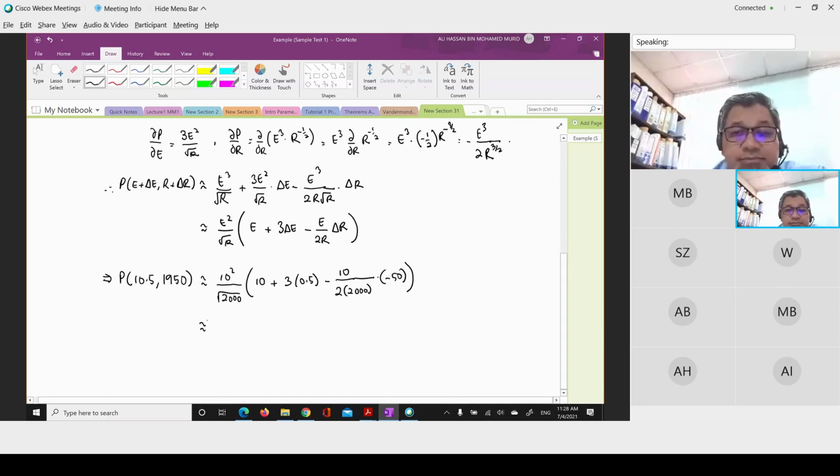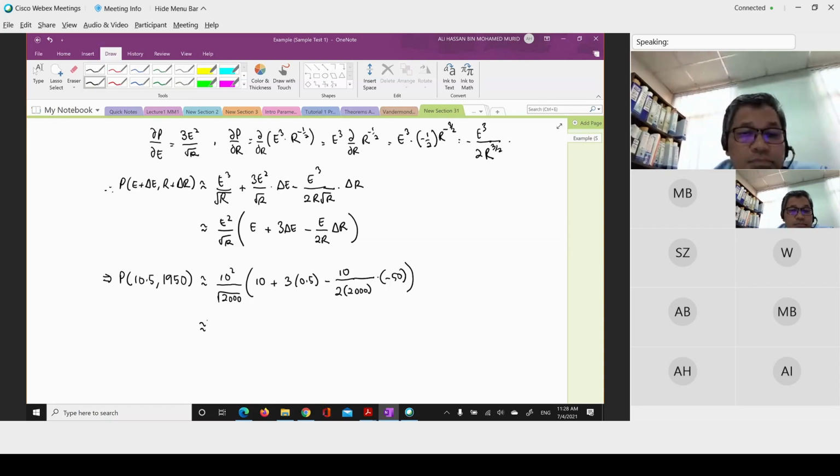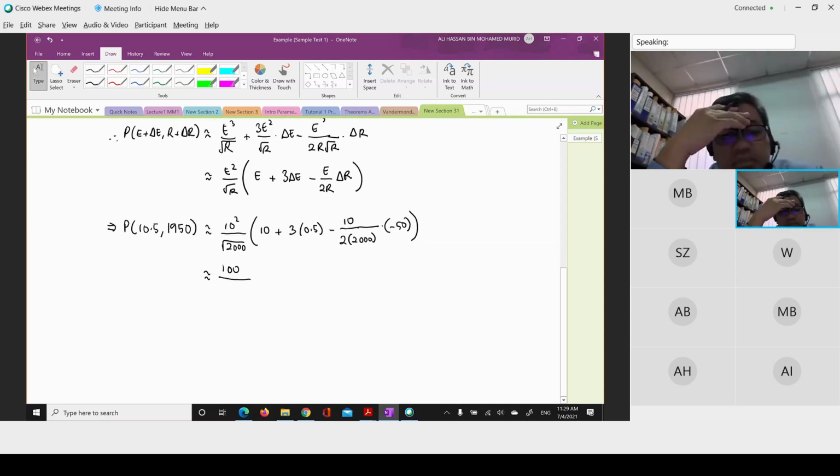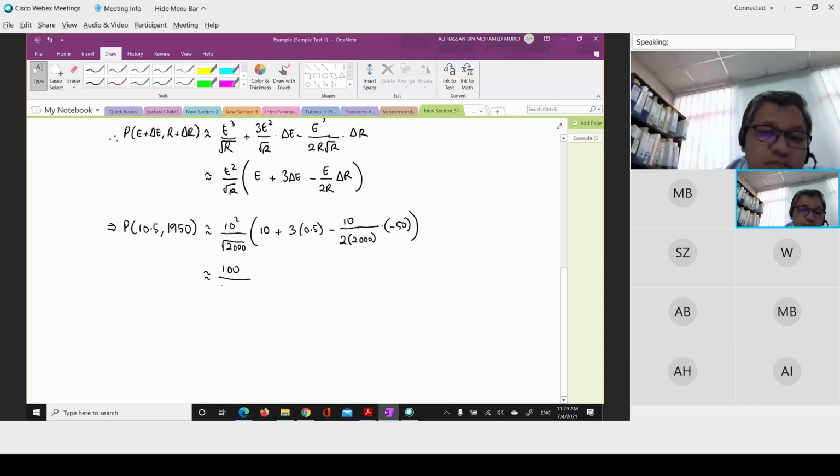What do we get? 10 squared is 100. 2000 is 20 times 100. The square root of 100 is 10. 3 times 0.5 is 1.5.